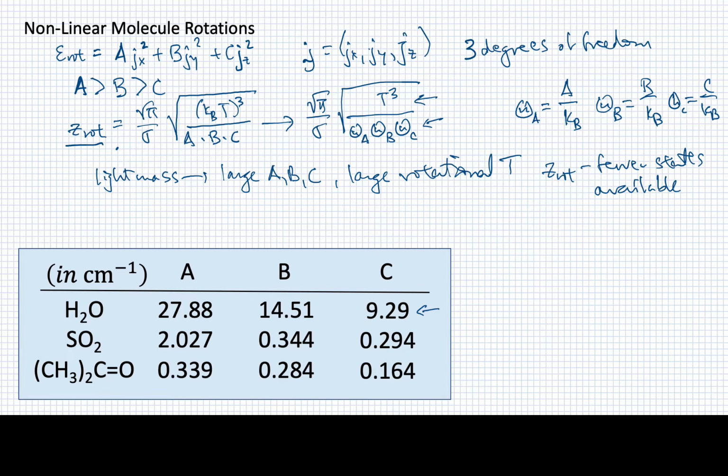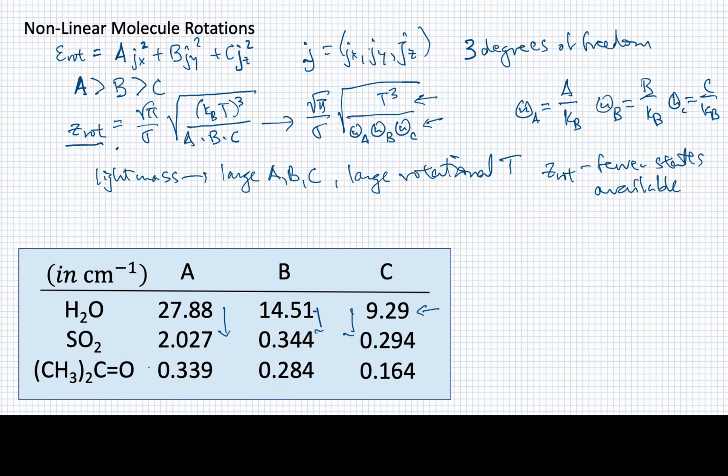When we have heavier molecules or molecules that are more spread out, that's what causes these rotational constants to be very small. So here SO2 is much heavier than water, even though it's a comparable size, it's a triatomic, but you can see already we've lost an order of magnitude and more off of each of these rotational constants. All right, so when we go to acetone, acetone isn't especially heavy, but it's all spread out.